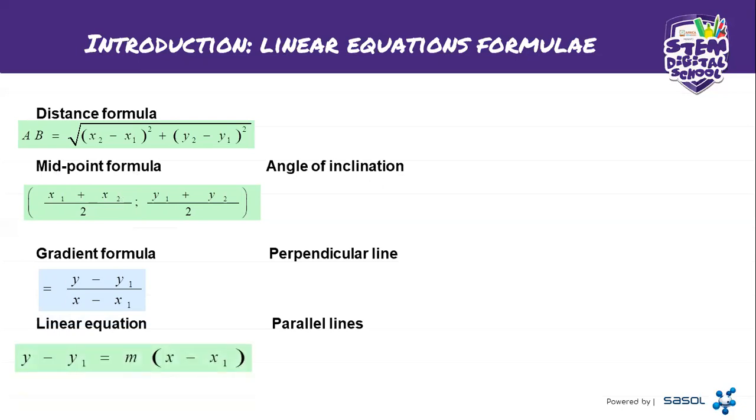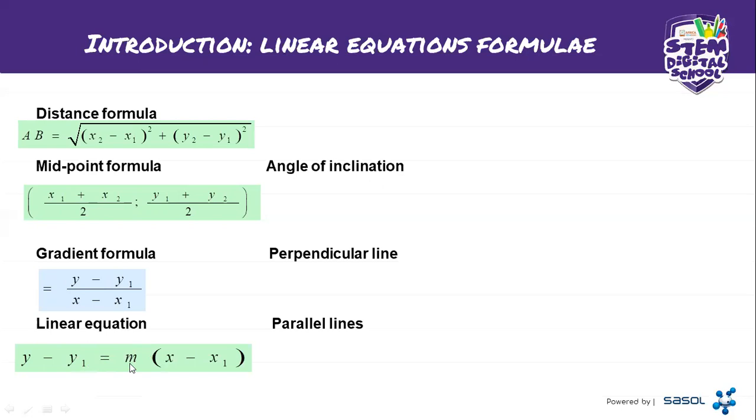When we are calculating the equation of a straight line, or the equation of a tangent, this is the formula that we are using, where y1 is the value of y on the point that we're going to use, and m, of course, is the gradient. Hence I said the gradient is very important.